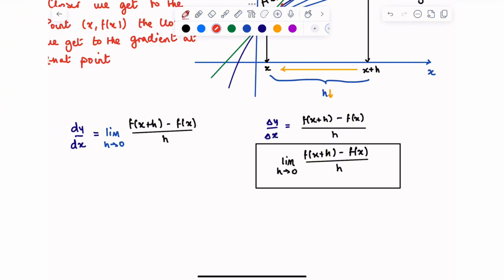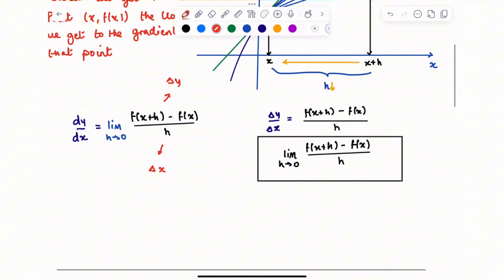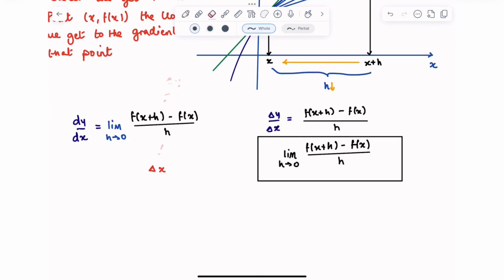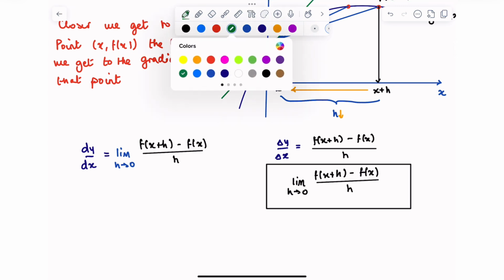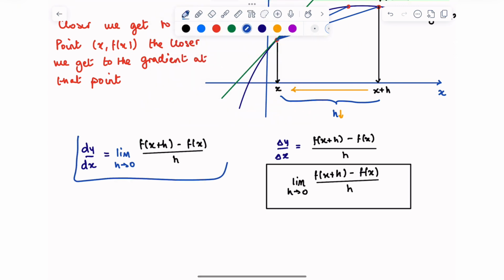In other words, the top is simply your change in y, and the bottom is simply your change in x, from before. And perfect. This is our derivative, guys.